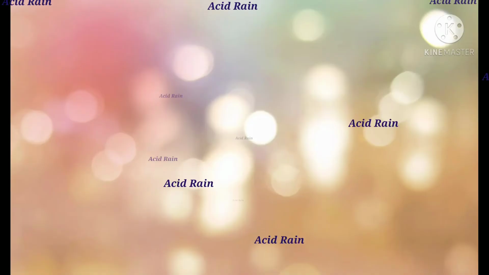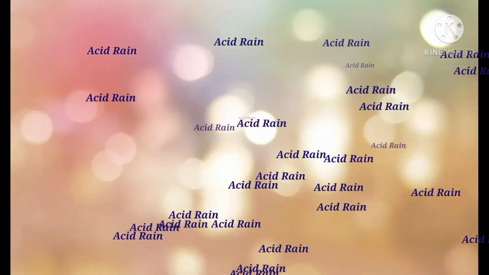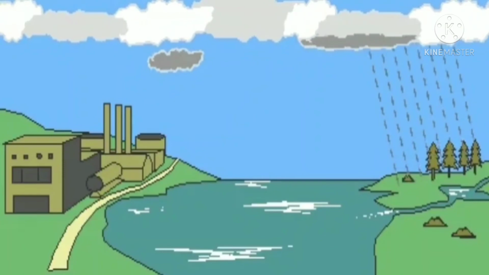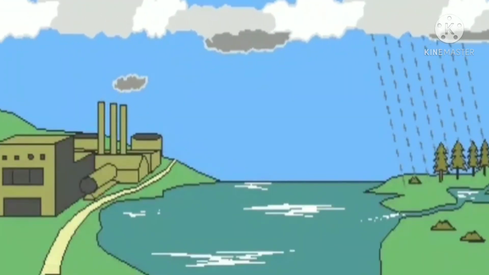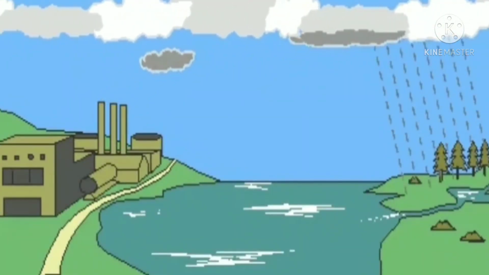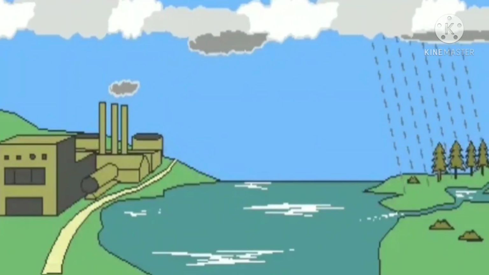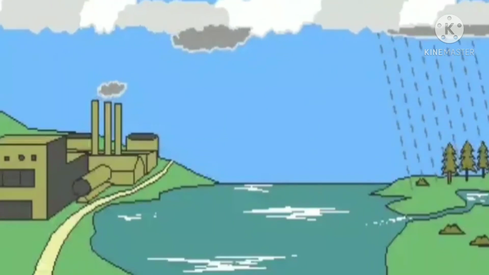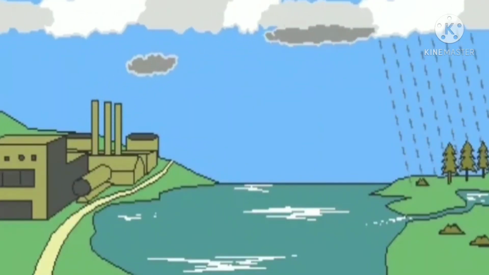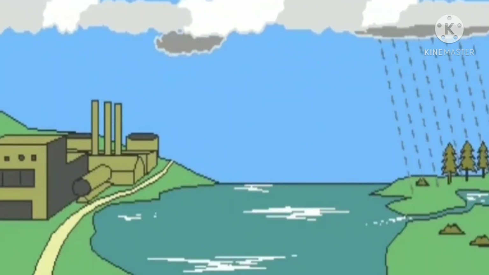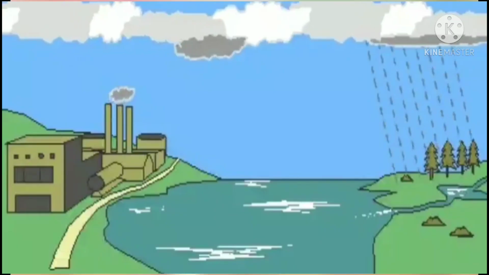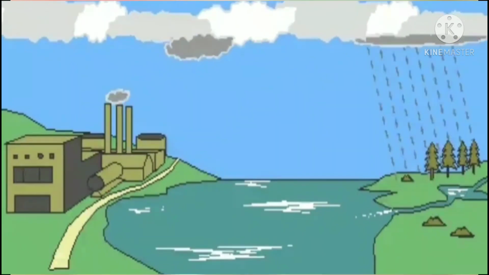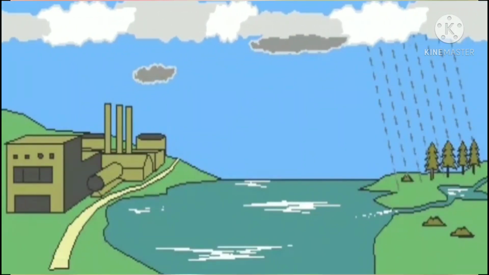Come on, let's start about acid rain. Because of the air pollution in the industrial areas, several gases are being released into the atmosphere. And these gases start getting mixed up in the air present in the atmosphere. The water vapor in the air starts reacting with these gases chemically and they create various acids.